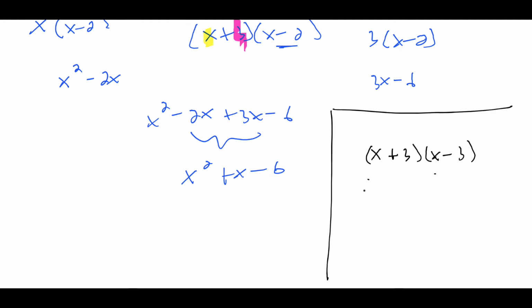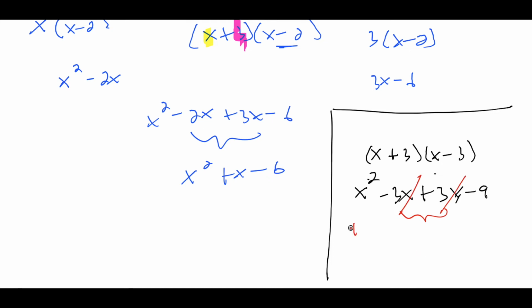What do you get with your first? You get x squared. What do you get for your outside? Negative 3x. Good. What do you get for your inside? 3x. What do you get for your last? Negative 9. And what's going to happen right here? That cancels out. You're going to get a middle wipeout.